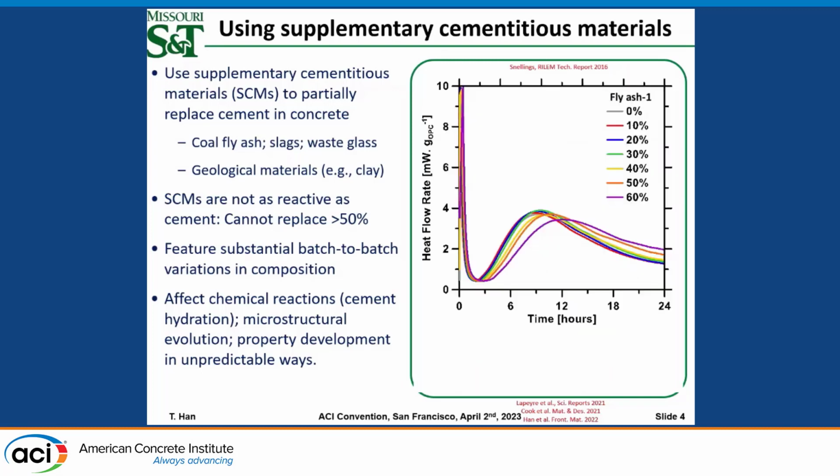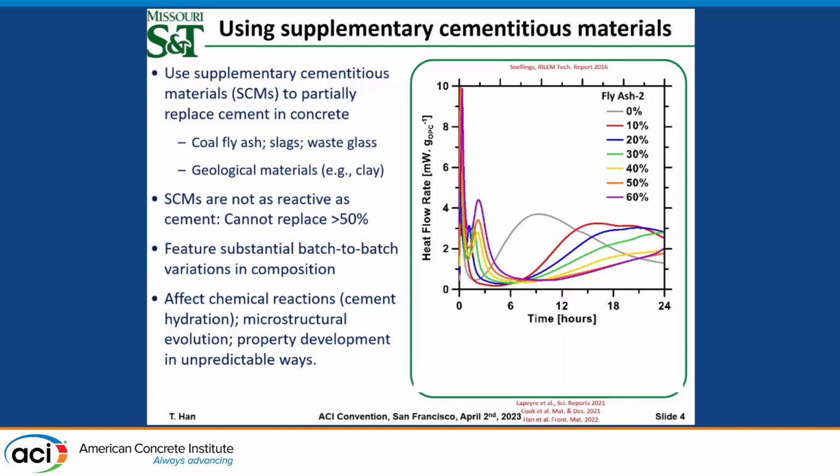You can see this one type of fly ash, as you increase the replacement levels, it changes the hydration kinetics of your cement. And here is another type of fly ash. It has a totally different influence on the cement hydration kinetics compared to the previous one.